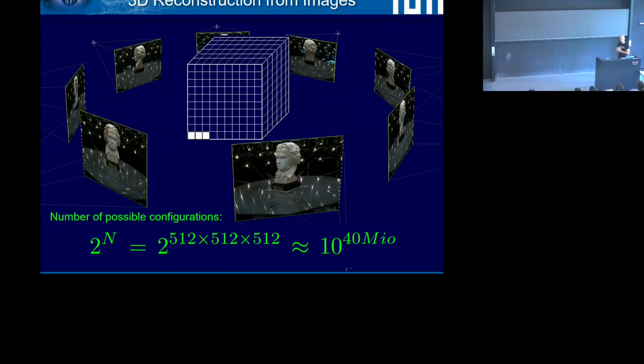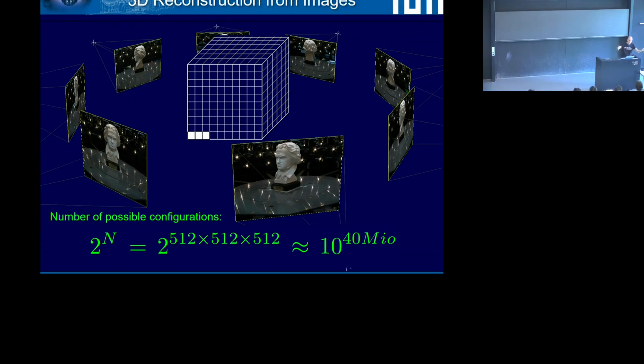Why does that matter? Well, because when I say reconstruct the object, I'm asking the machine, among all these configurations, find the best one. That's what I'm asking. Can the computer try all these configurations and see which one is the best one? No, clearly not. You could wait until the end of the universe before the machine terminates, right?